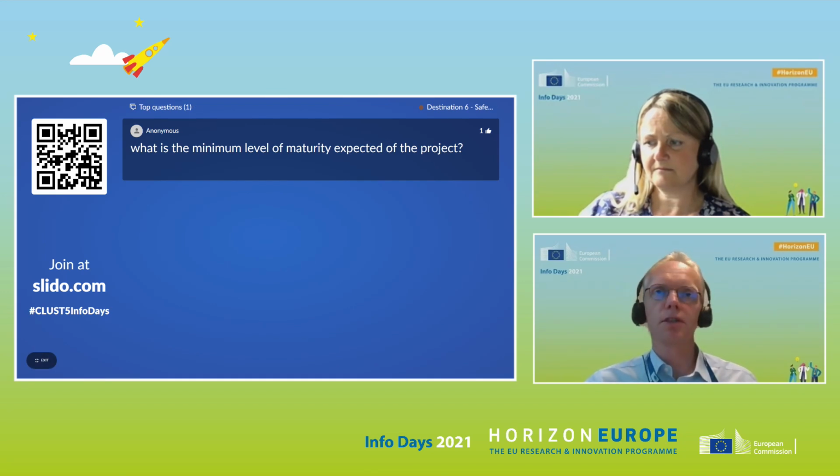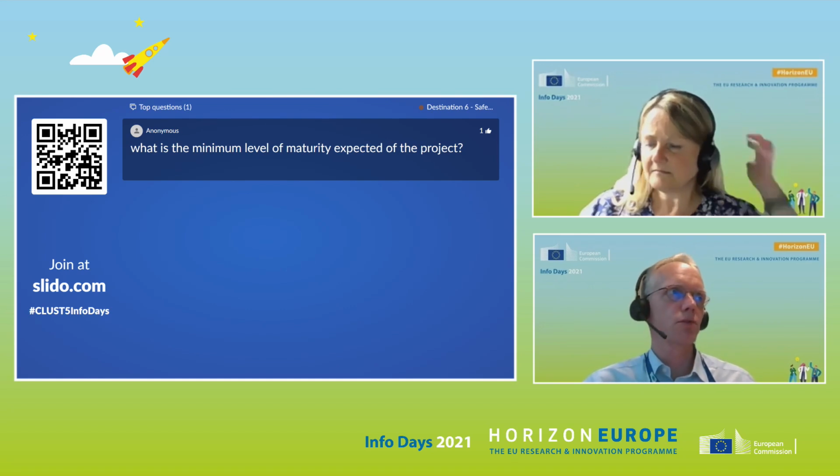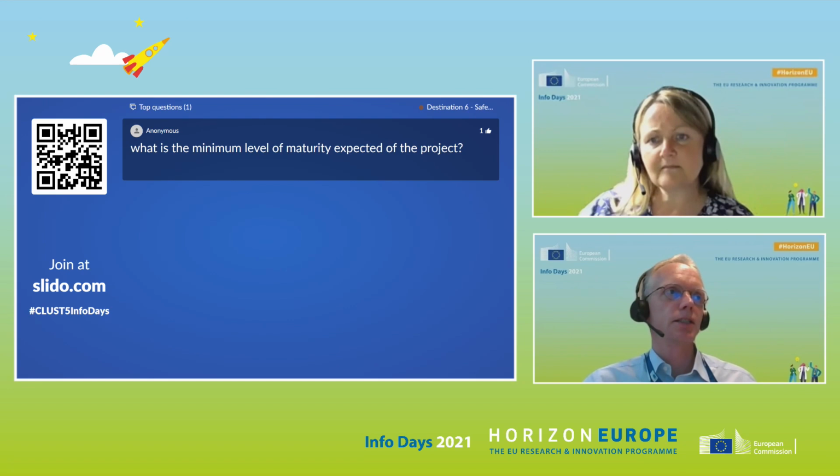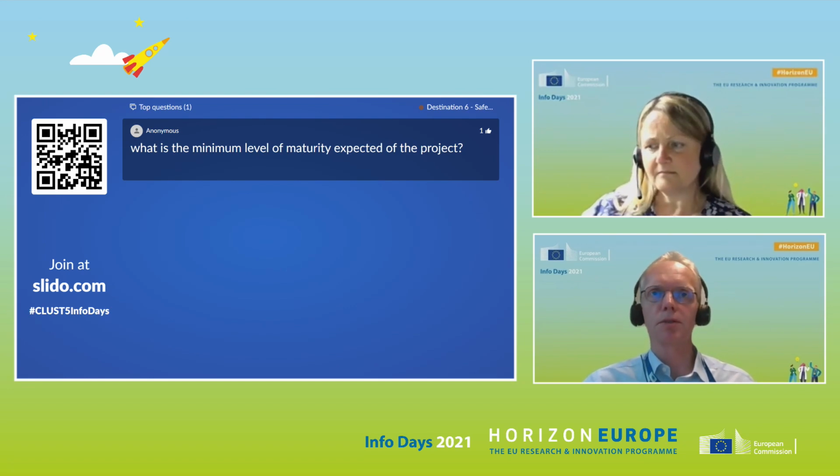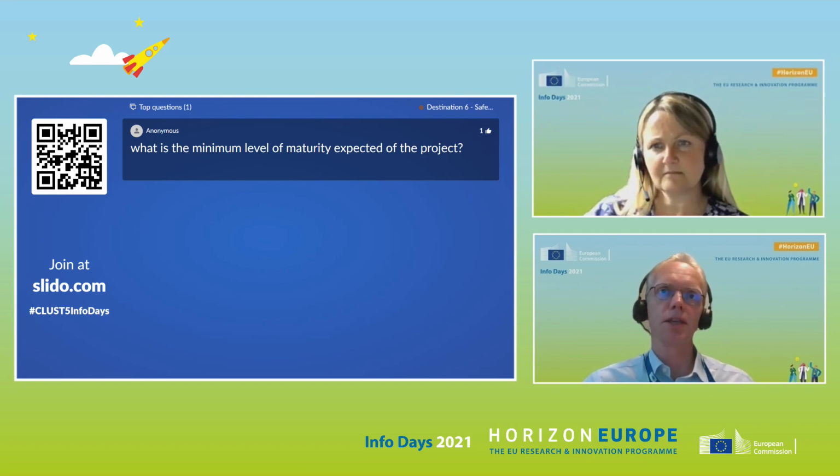We have not specified the minimum TRL for either innovation actions or research and innovation actions. So that's why I cannot answer this question, what the minimum level is. We only specify what the maximum TRL level should be at the end of the project. So it is up to the proposers to decide where they want to start.